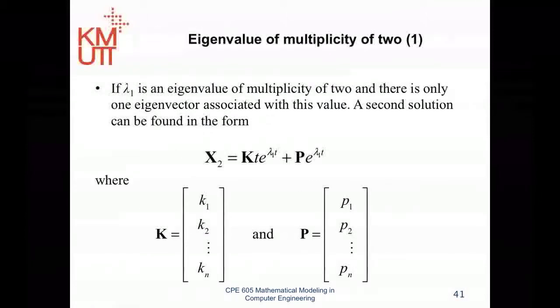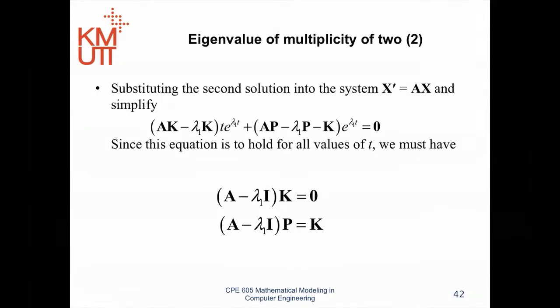Let's consider a simple situation when we have an eigenvalue of multiplicity 2. Let lambda 1 be that eigenvalue of multiplicity 2, and there is only one eigenvector associated with this value. The second solution can be found in this form, where k is one vector and p is another vector. If we substitute the second solution into the system and arrange the equations, we would have this form.